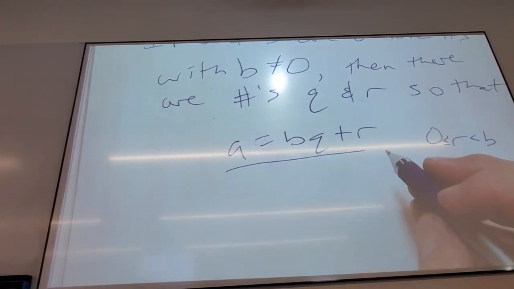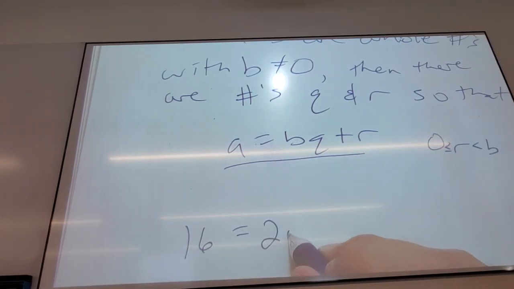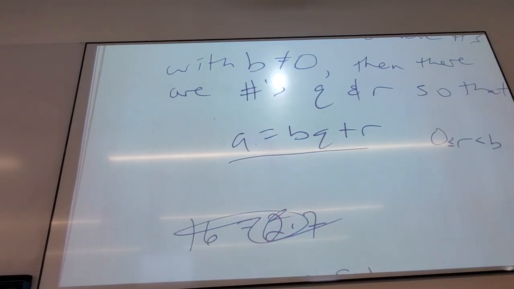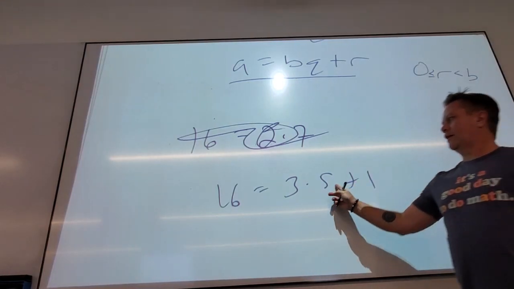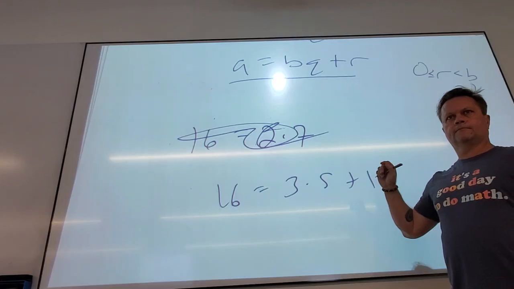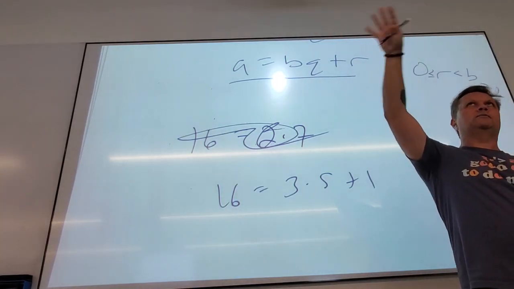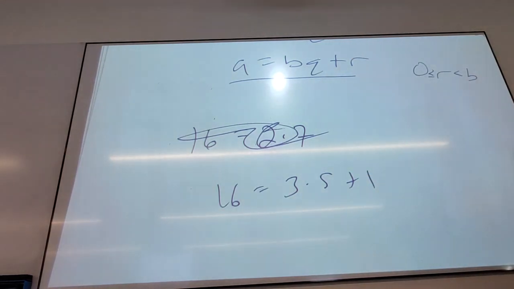So this is all this is saying is if I have like 16, that's equal to 3 times 5 plus 1. So if I'm dividing 5 into 16, I get 3 remainder 1. So the theorem says if I have two numbers a and b where a is bigger than b, I can always find a way to write it like this. That's a very complicated way of saying when you divide stuff, you can get a remainder.